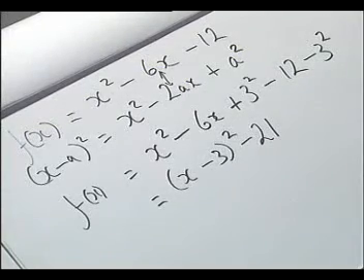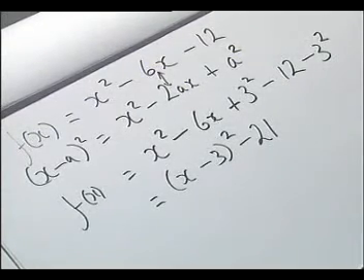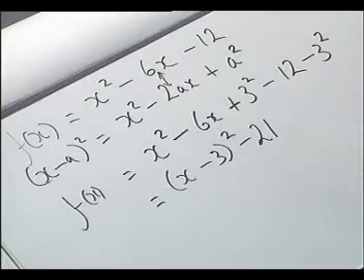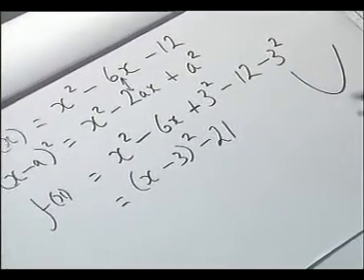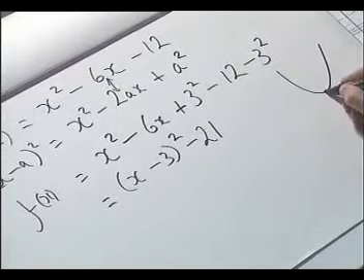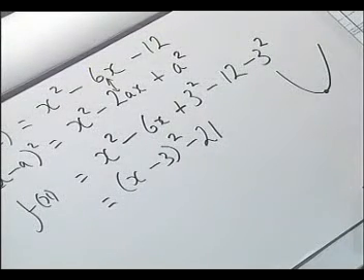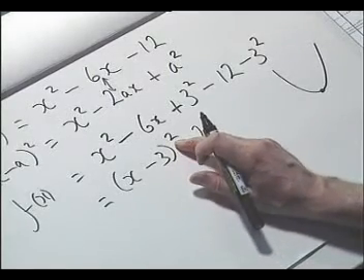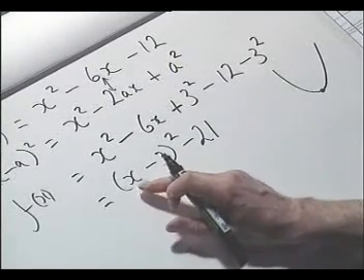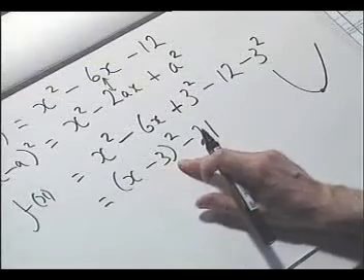And again we can say, does it have a maximum value or a minimum value? Well, we know that we began with a positive x squared term, so the shape of the graph has got to be like that. So we know that we're looking for a minimum value. We know that that minimum value will occur when this bit is 0, because it's a square, its least value is going to be 0.